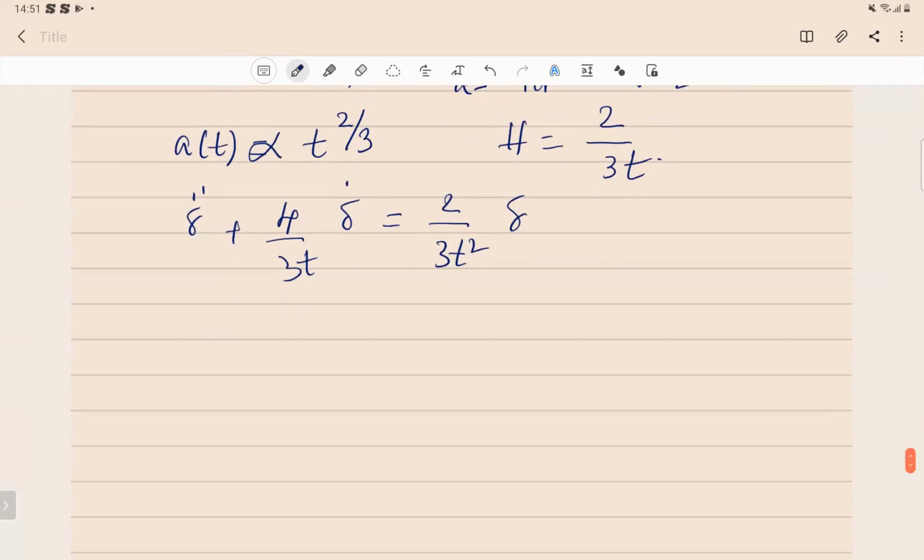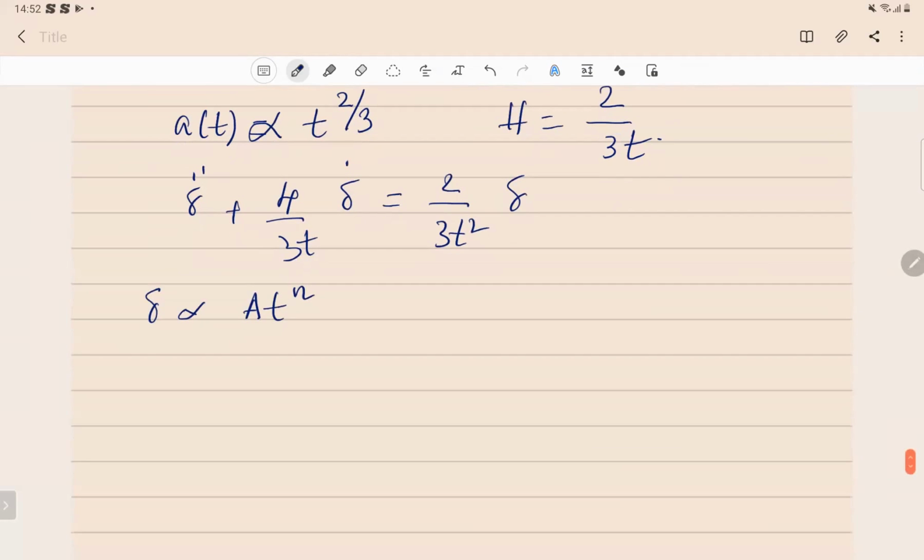So with that, you want to find a solution. This is particularly easy, and that's why I've chosen this as a textbook problem. Definitely not the most general case because you have only pressureless matter and no dark energy. But let's try to find a solution to this. Take a trial solution, say a power law, delta as a t to the power n.